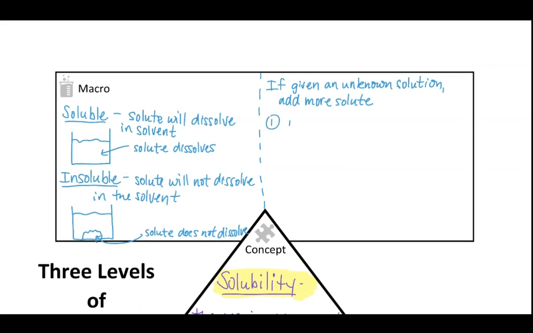One, it dissolves. If this is the case, then the solution is unsaturated, which means the solution you started with can still dissolve more solute.